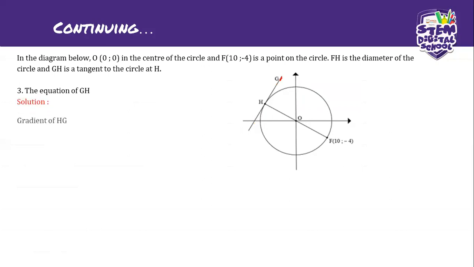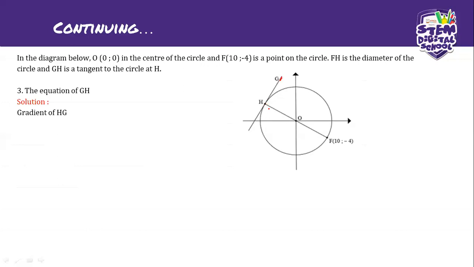The solution: we need the gradient of HG, this line here. We need a point, and we also need a gradient. But remember, in the previous example we obtained the coordinate of H. It was (-10, 4).